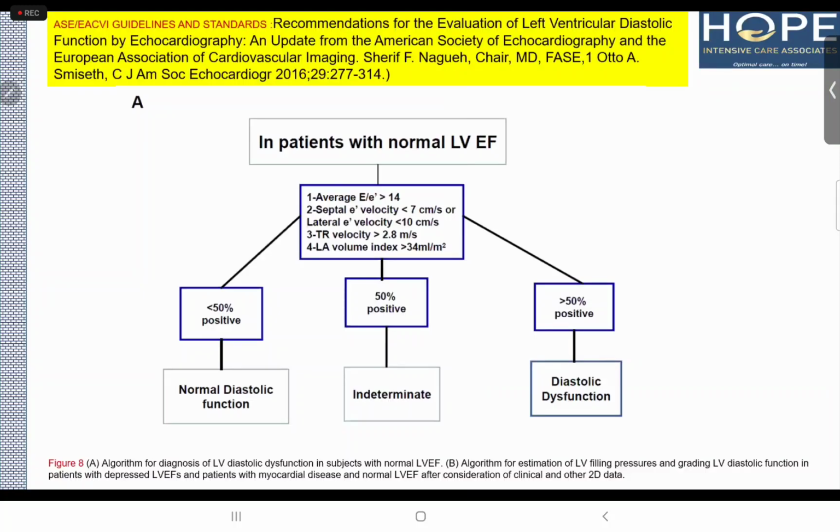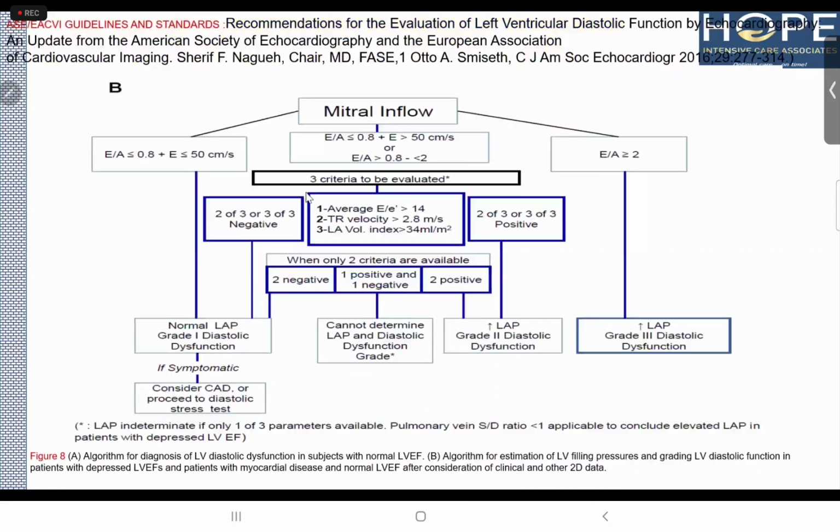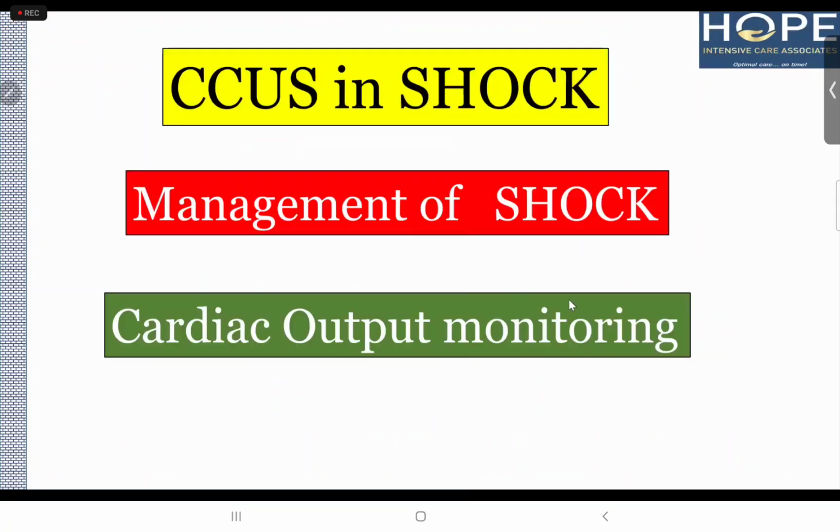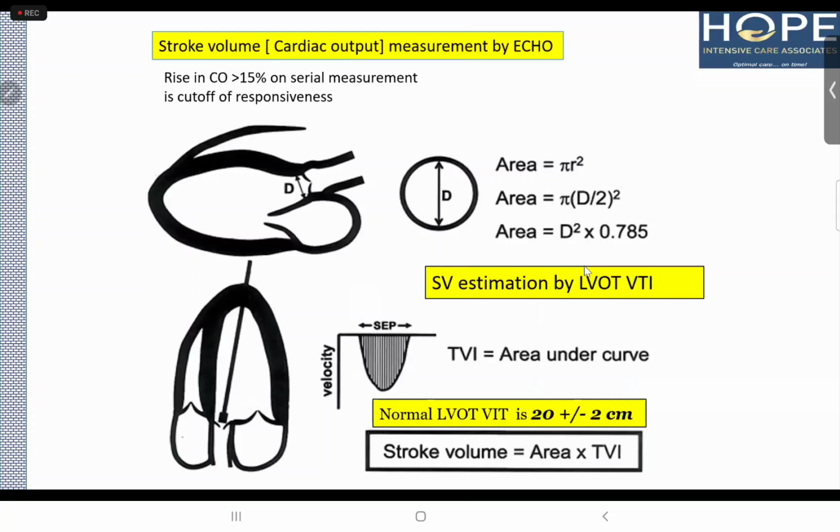And last is cardiac output monitoring, where your LVOT diameter needs to be measured, and from that the LVOT area is calculated by this formula, which is pi r squared, where the radius is the diameter divided by 2.